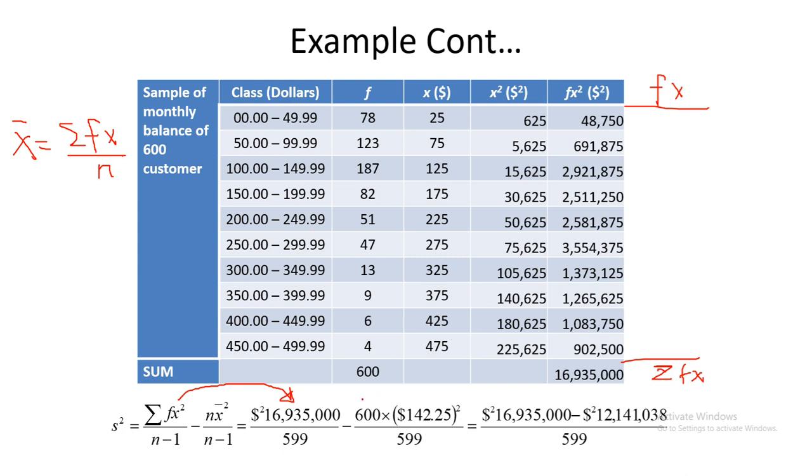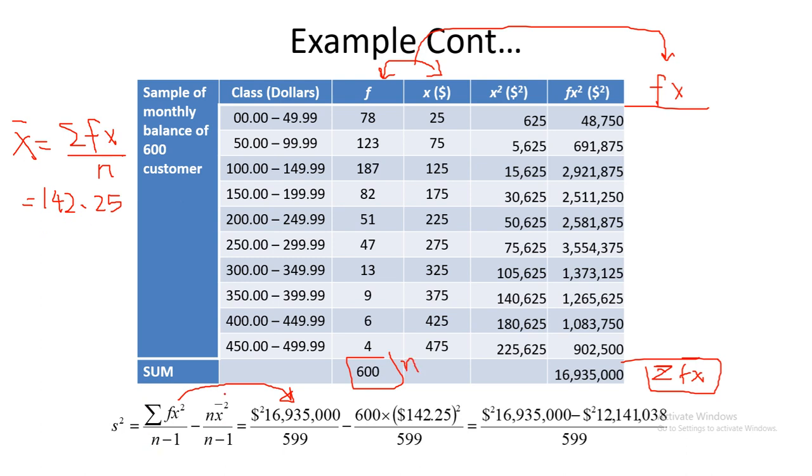If you go back and see, we calculated x bar, which was 142.25. But anyway, we can calculate it again. If you multiply f with x, and write it here and take the sum, whatever sum you got here, divide this by the number of observations, which is 600. This is your n. If you divide by 600, you will get 142.25.